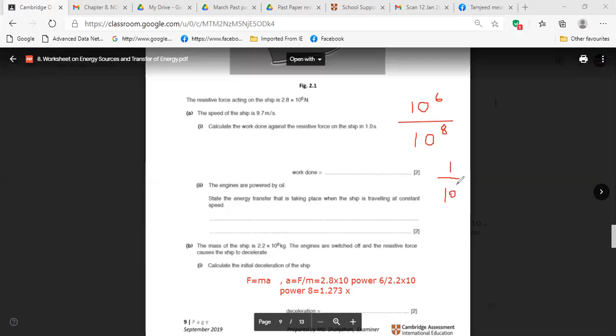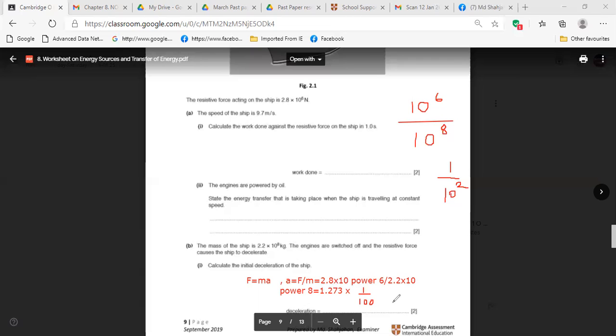Do you know this in maths? Yes, sir. So 1 by 10 square. 1 by 10 square means what? 1 by 100. So you are getting here 1 by 100 only, right? 1 by 100 means you have to divide this value by 100. So do it. So we get 0.01273.